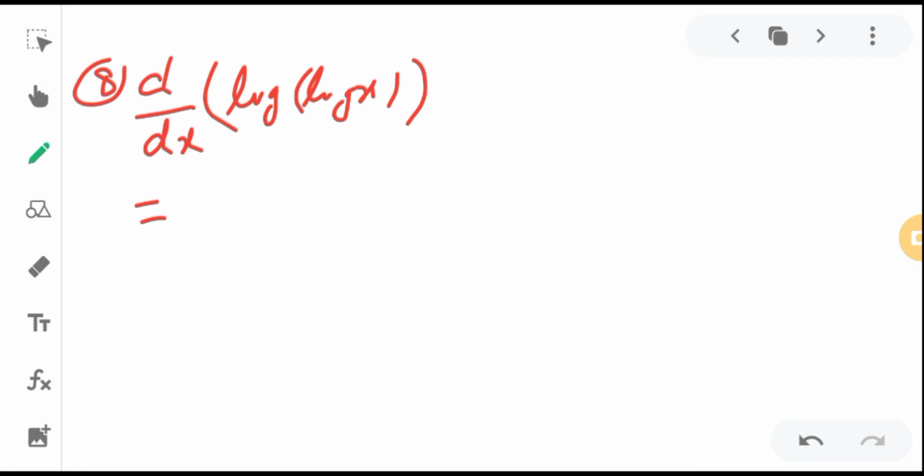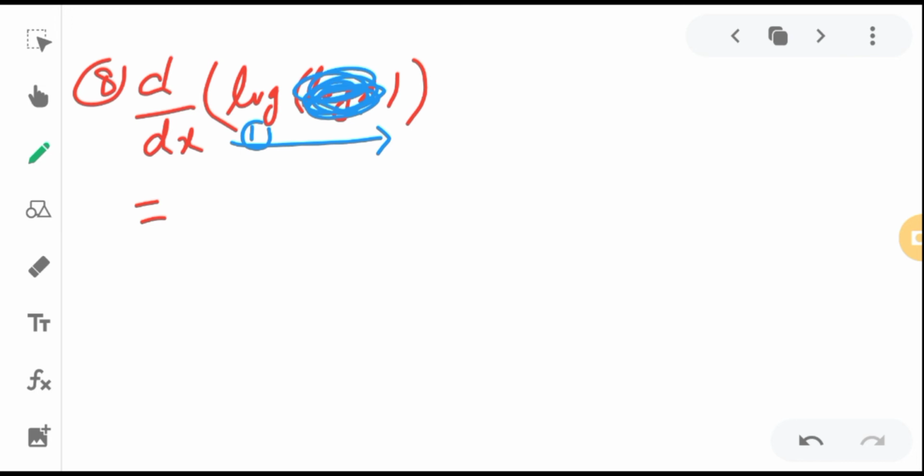This question also we will solve using the chain rule. Chain rule is the concept which gets used in derivatives most often. So again, from left to right, the first function is log, and in the same way you will treat whatever is inside the log as x.